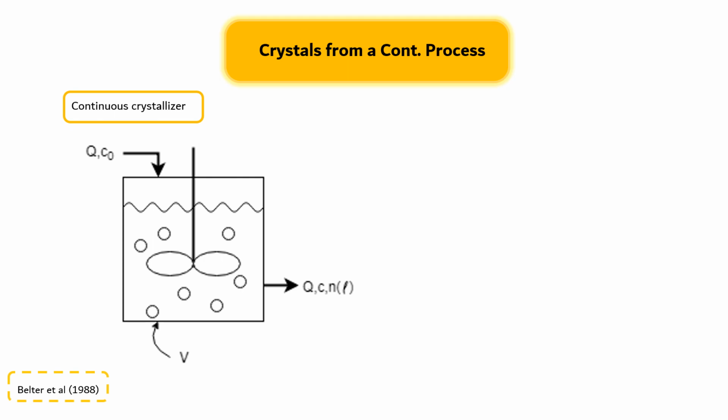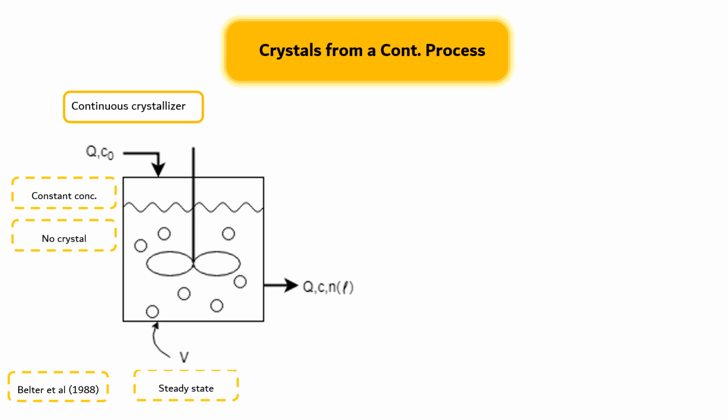The use of the population density is best approached by analyzing the operation of a continuous crystallizer as shown in the figure. Such a unit operates at steady state. The crystallizer is fed continuously with solution which is at constant concentration but contains no crystals.